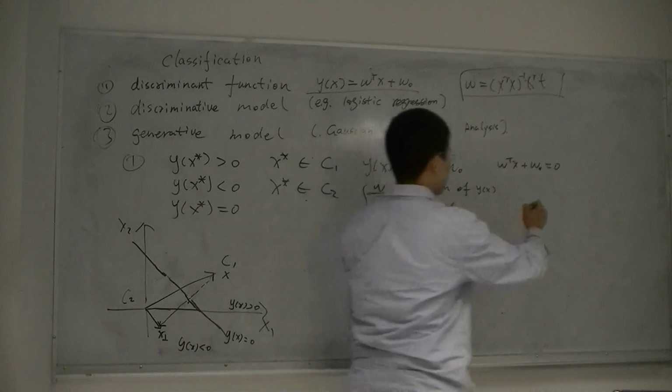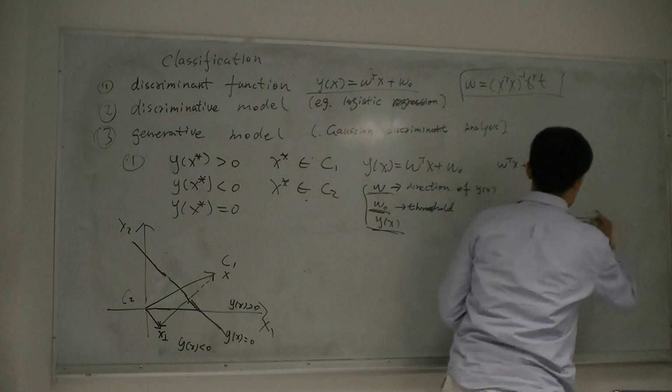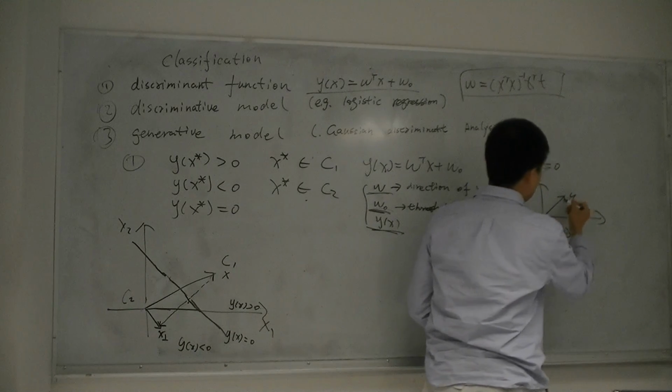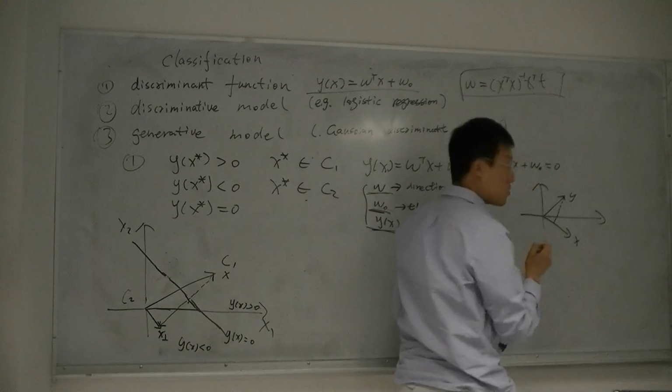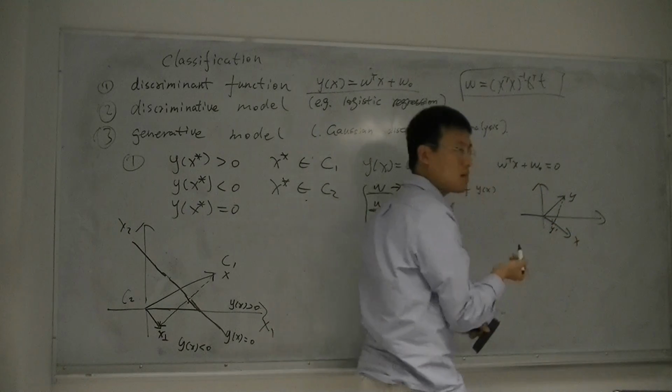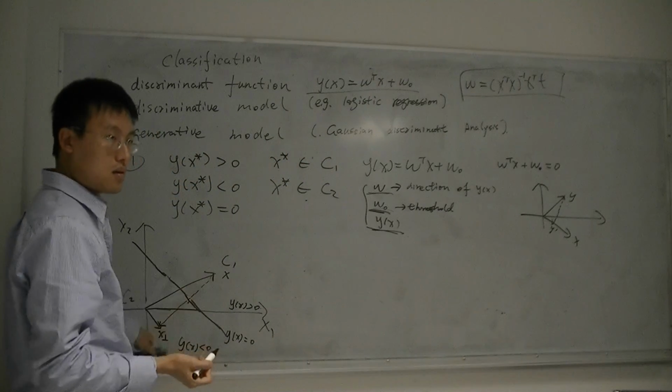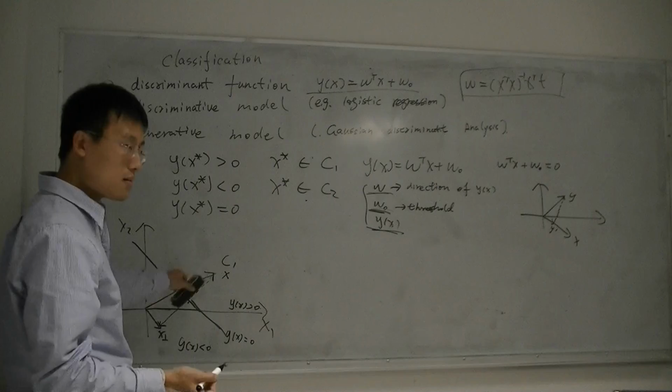So, for example, here we have a vector x, and the perpendicular projection is here.